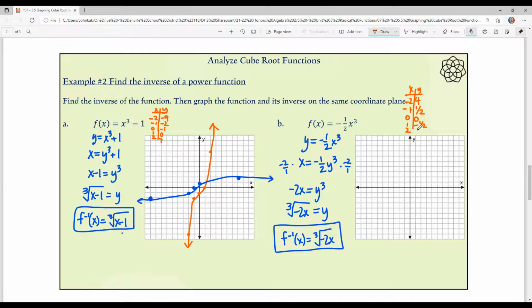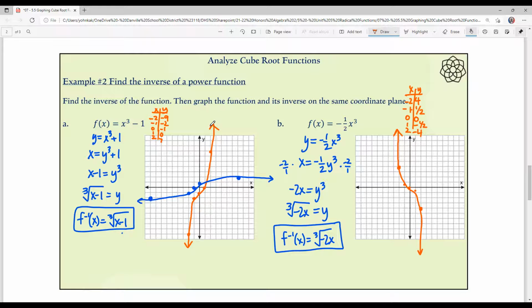If I plug in 2, that gives me -4. So -2, 4, -1, 1/2, 0, 0, 1, -1/2, and 2, -4. So here is my picture. It makes sense that it's going down, and that's because there's a negative in front.